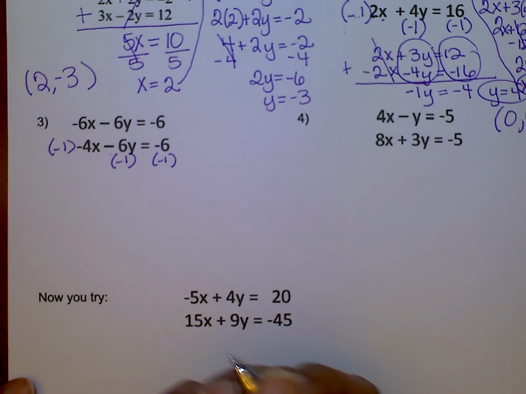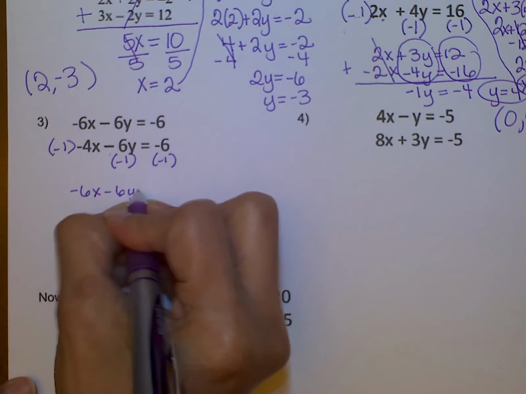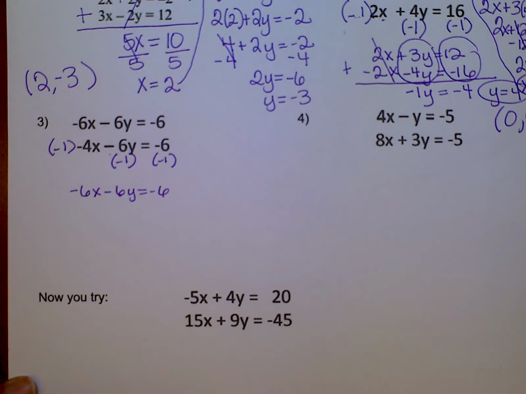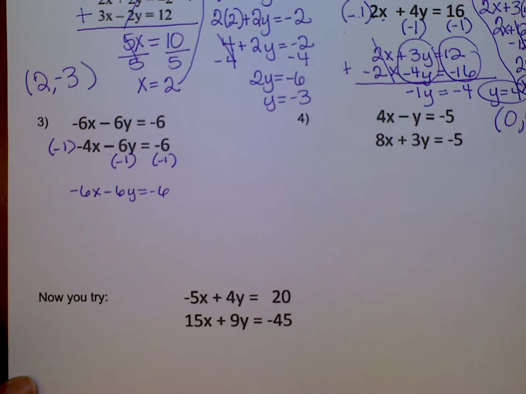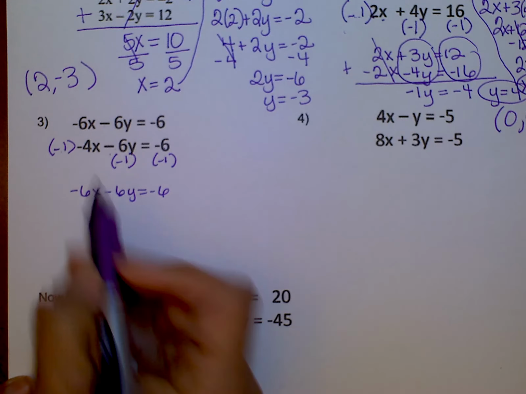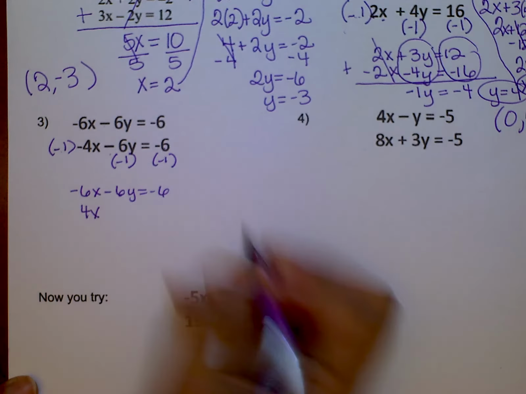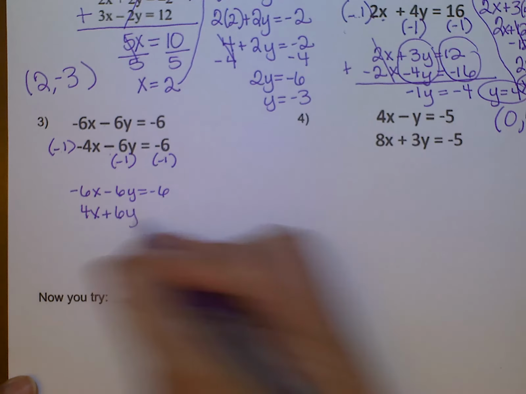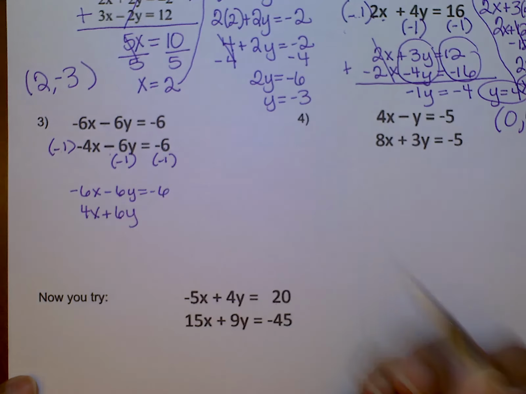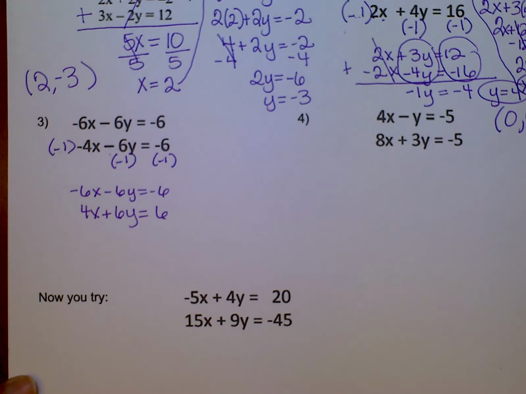So let's go ahead and finish this up. I'm going to rewrite the first equation, and then I'm going to change the signs of each one of these, because that's what happens when you multiply by a negative, okay? Negative times a negative, that gives you a positive 4x. Negative, negative, that gives you positive 6y. And a negative gives you a positive 6.